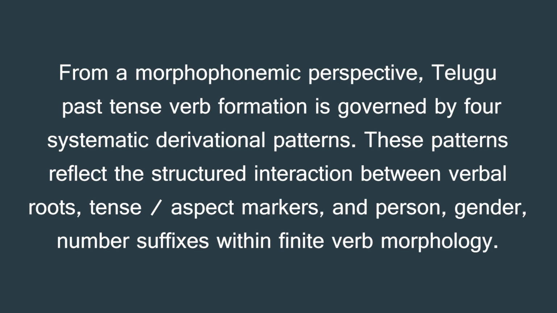From a morphophonemic perspective, Telugu past tense verb formation is governed by 4 systematic derivational patterns. These patterns reflect the structured interaction between verbal roots, tense or aspect markers, and person, gender, number suffixes within finite verb morphology.